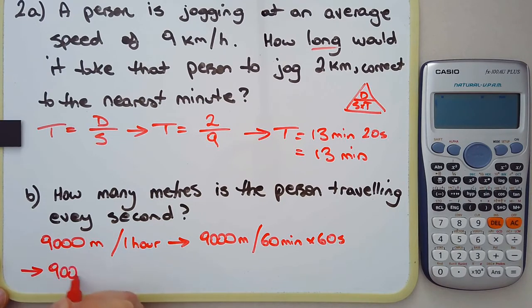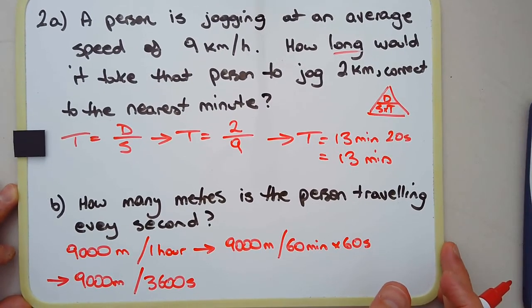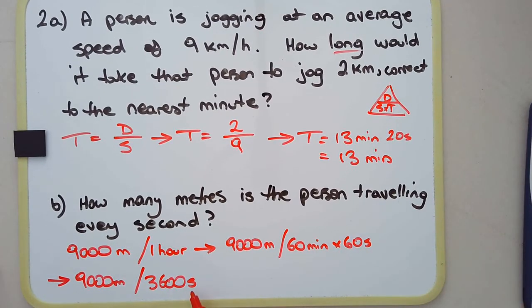60 times 60 is 3,600 seconds. That's a nice number to remember when you're dealing with hours, minutes, and seconds. How many seconds are there in 1 hour? 3,600 seconds: 60 minutes in an hour, 60 seconds in 1 minute. Multiply the two numbers together, and we get the total number of seconds.